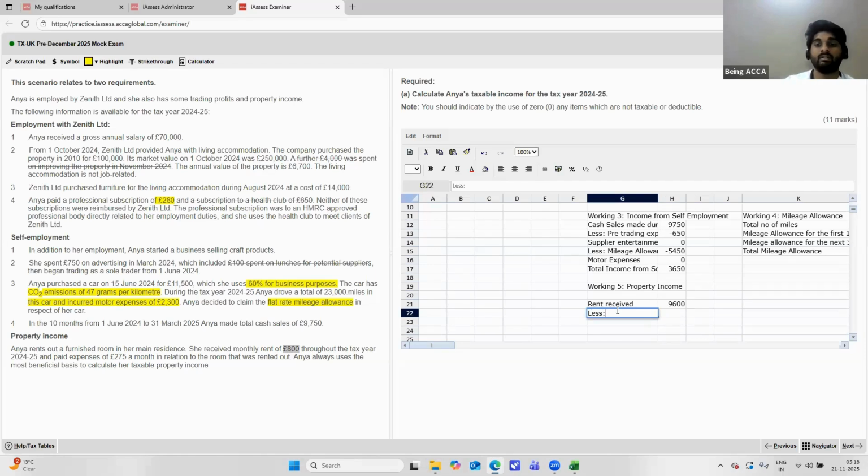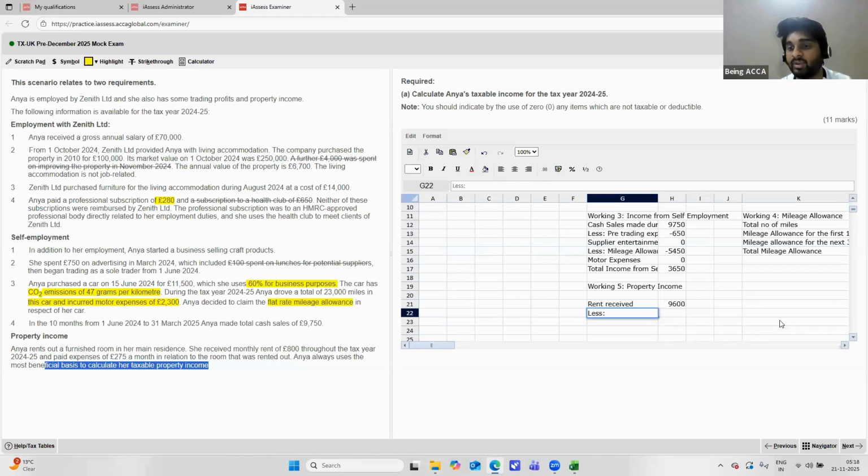Less, we have to reduce the expenses, because she uses the most beneficial basis. The most beneficial basis means the deduction should be the higher of 7,500 or the total expenses.